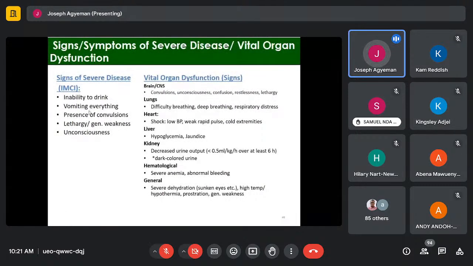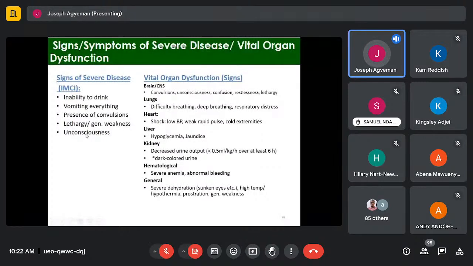Of course, because of the cytoadhesion or rosette formation within the blood vessels that supply the brain, there could be CNS issues like convulsions. Since it is severe malaria, no appetite, vomiting, losing a lot of fluids and electrolytes, the person will be lethargic and become very weak. Worst case scenario, the person could progress to an unconscious state.